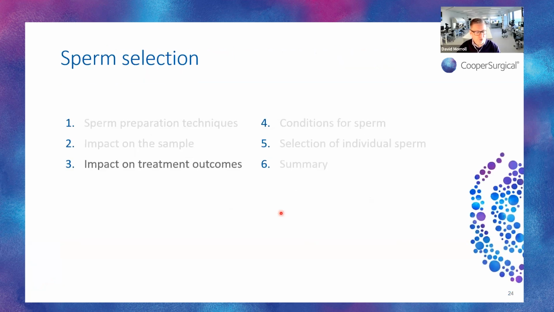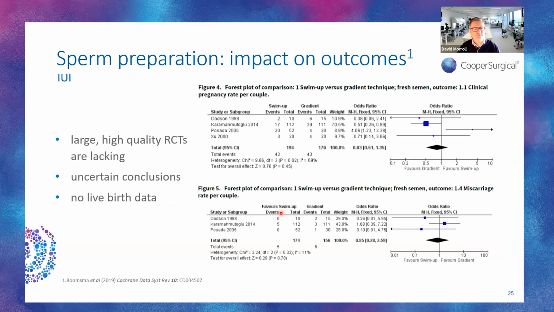So what do those preparation techniques mean in terms of outcomes for treatment? Well, if you look at the WHO manual, it essentially suggests that you should use a direct swim up for normal samples with good quality motility and good numbers of sperm, and then the density gradient is more suited, but can be used for all samples, and it should be used for the suboptimal samples.